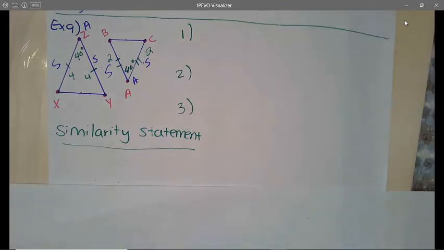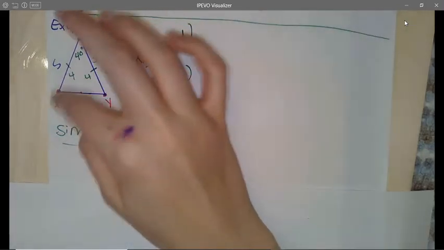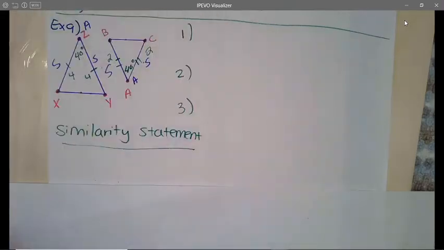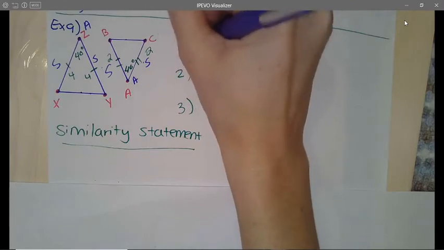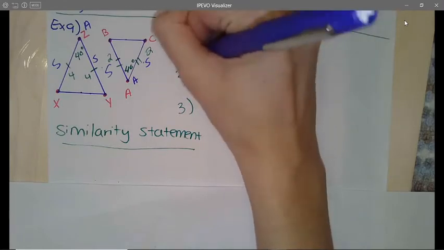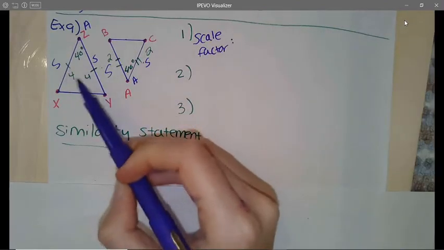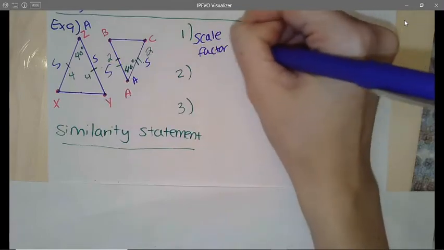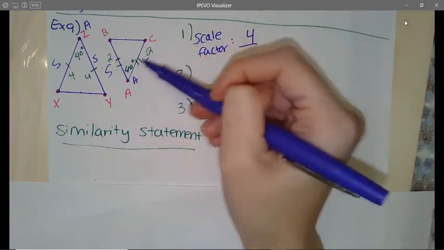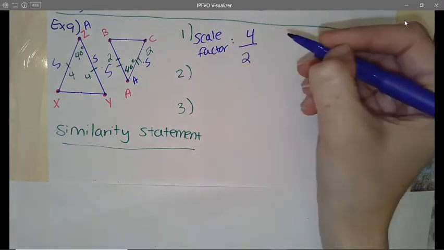Okay, so let's see here. It doesn't matter which one I pick, honestly. I'm going to pick side XZ. So we're going to find our scale factor. Since they're both the same length, it doesn't really matter which one I pick, so I'm going to pick 4 over 2.